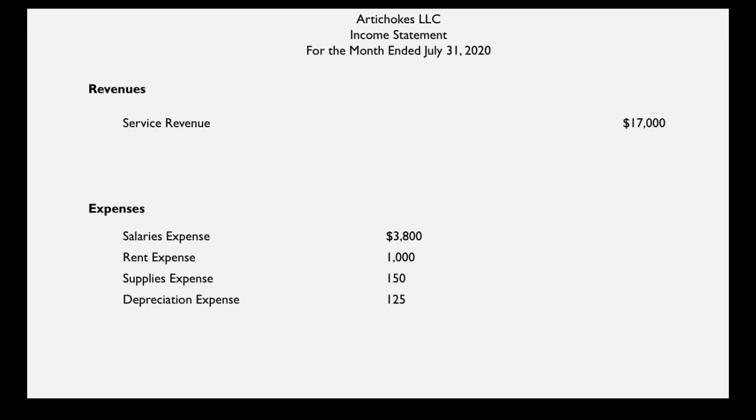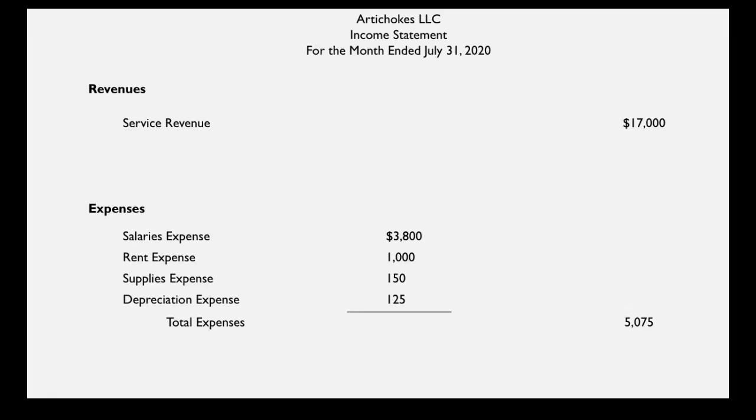So when we have all of these revenues, or all of these expenses in this case, we want to add them up. So if we add up our 4 different expenses, we'll end up with total expenses of $5,075.